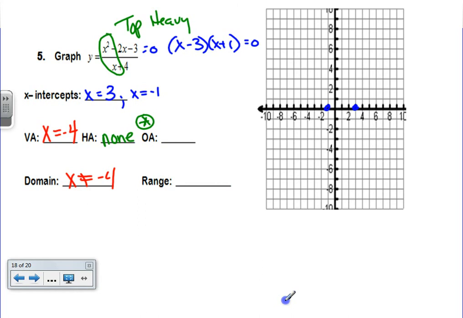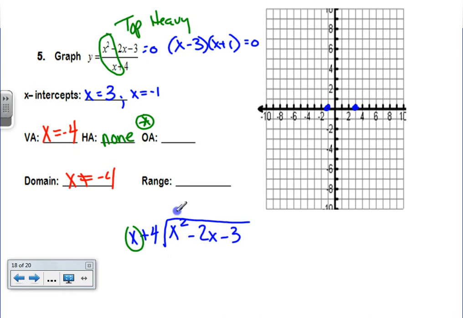Oblique asymptotes are diagonal asymptotes, generally linear, but in order to find it, and this is the fun part, you get to do long division. Now the good news is, it's not that bad because you don't have to finish the problem. You're going to take your numerator and divide it by the denominator, which is essentially what this problem is asking you to do. So remember we just start with the first leading terms when we do long division.